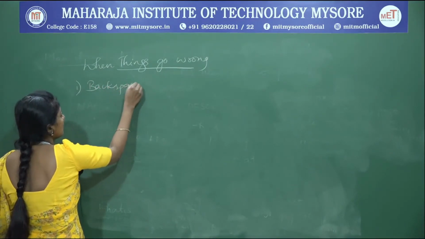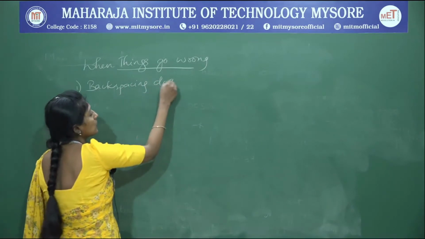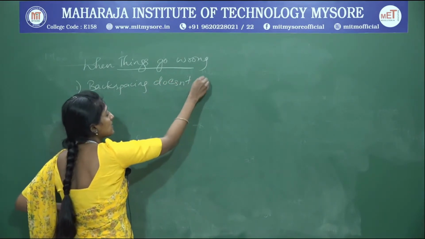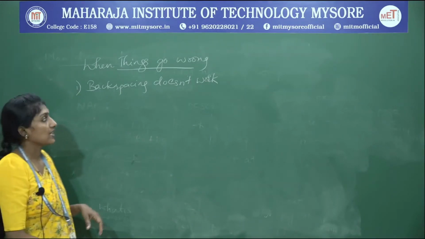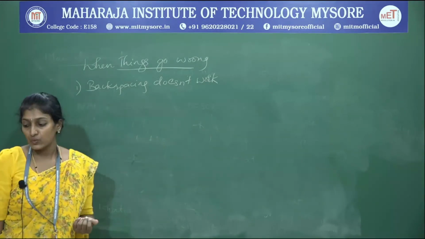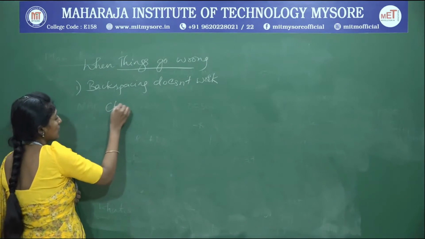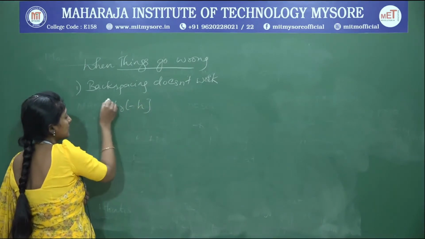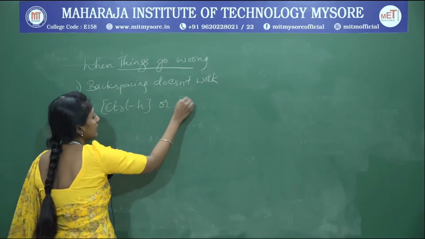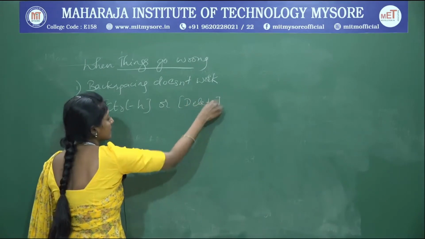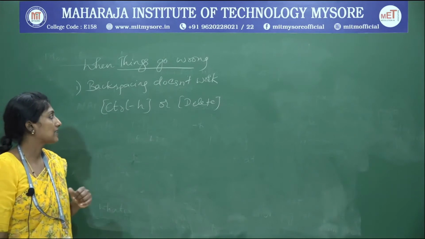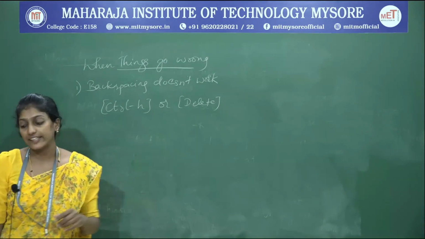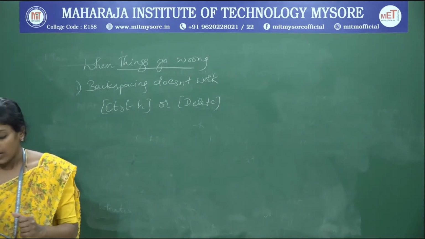If backspacing doesn't work, what can you use? One of the shortcut keys, Control H, or the delete key. So this is one option: if backspacing doesn't work, Control H or the delete key has to be used.